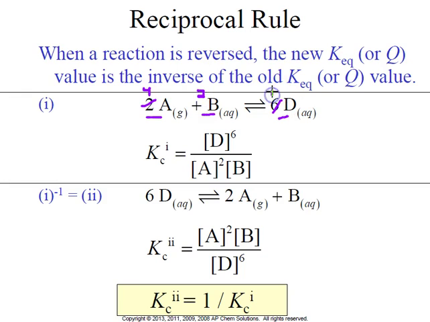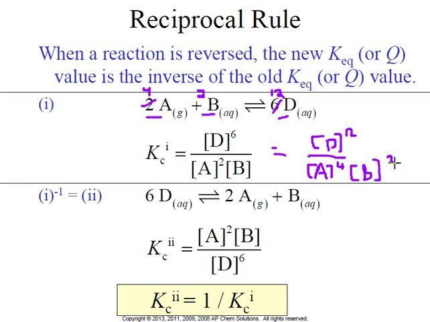All right, and what would that look like as a K expression? Well, that would be D raised to the 12th power, and A raised to the 4th, and B raised to the 2nd.